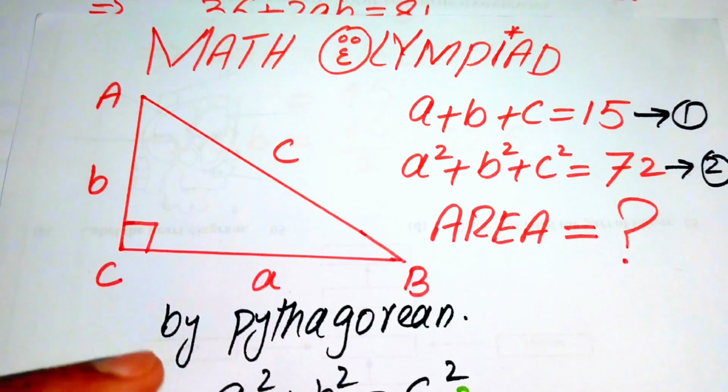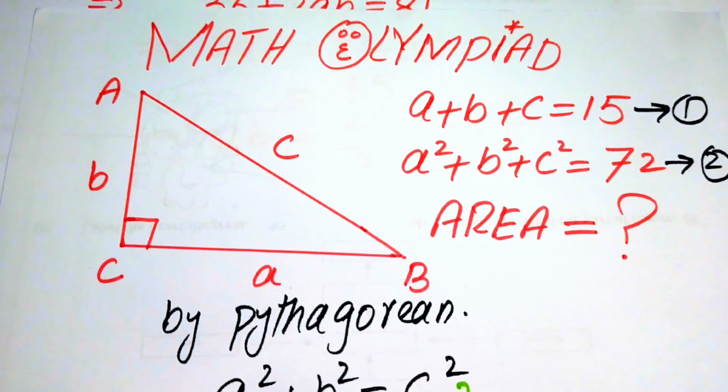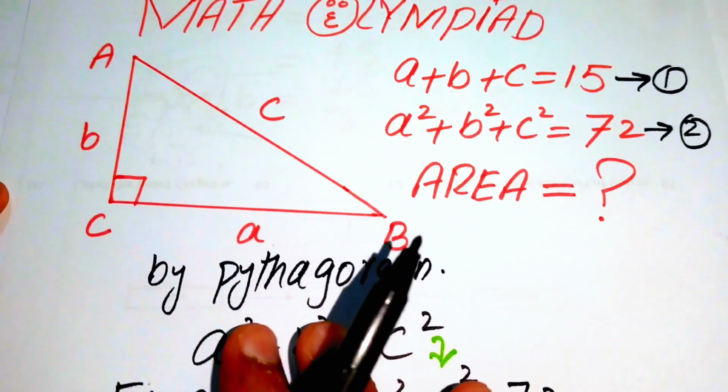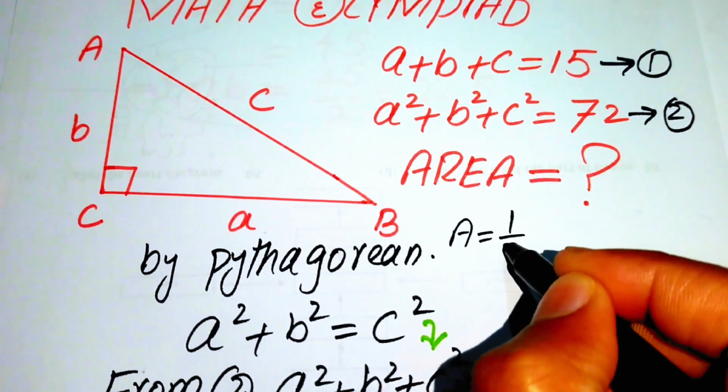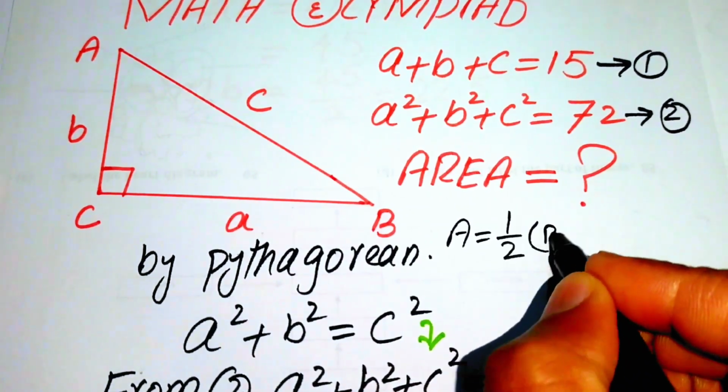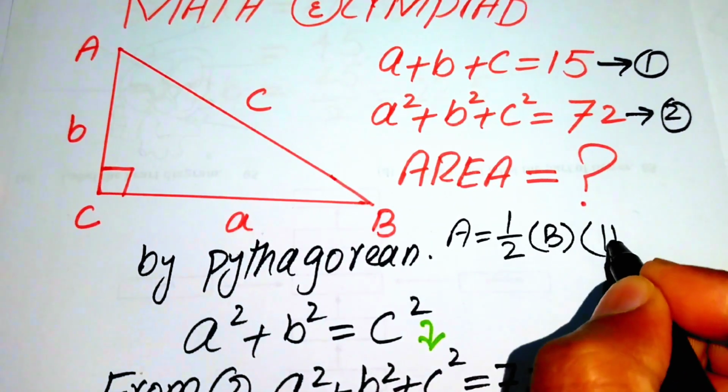Now we move towards the given triangle, and our target is to find the area of this triangle. What is the area of a triangle? The area formula is half times base multiplied by height.